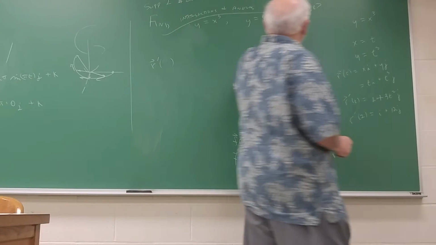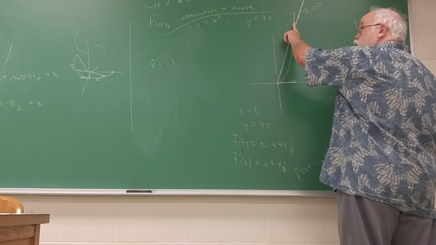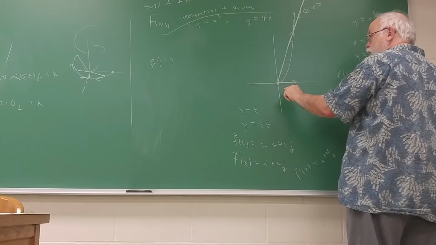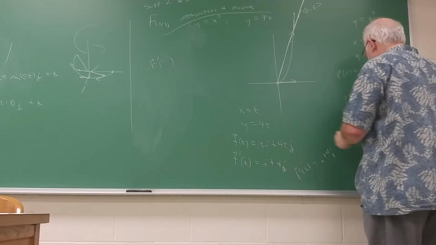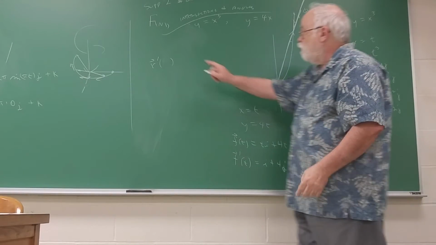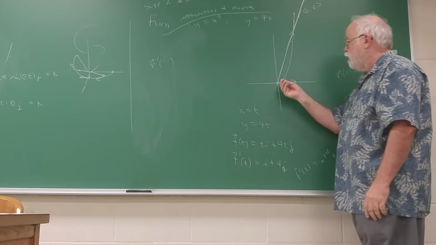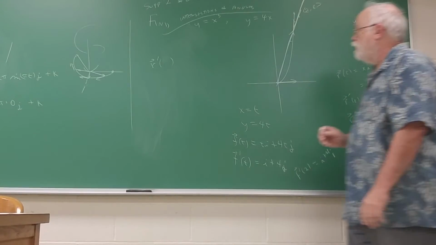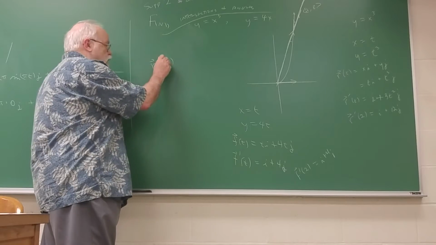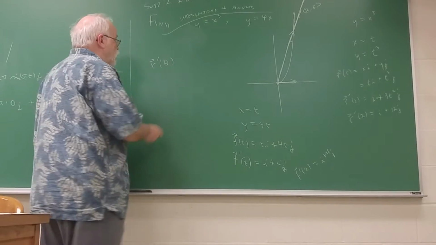Up here, I substituted t equals 2. What do I substitute down here? Here I have r prime of 2. R prime of what, when I want to do the other intersection? 0. X is 0, y is 0, and t is 0.